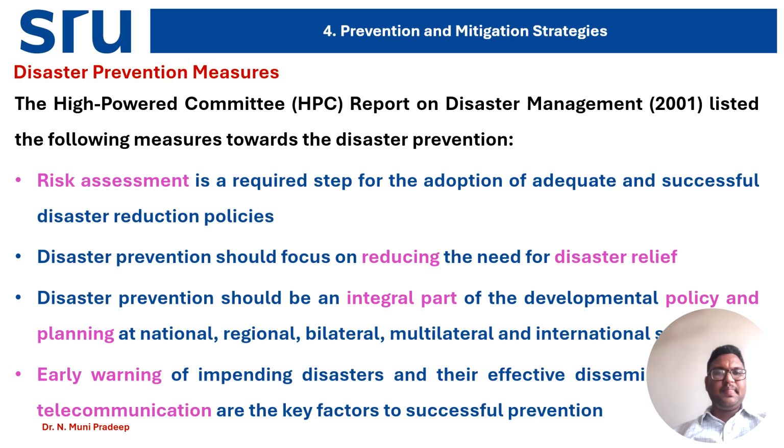And coming to the fourth prevention measure, that is early warning systems and effective dissemination. The HPC report identifies early warning as a key factor in successful disaster prevention. Early warning of impending disasters and their effective dissemination using telecommunication are the key factors to successful prevention activities.